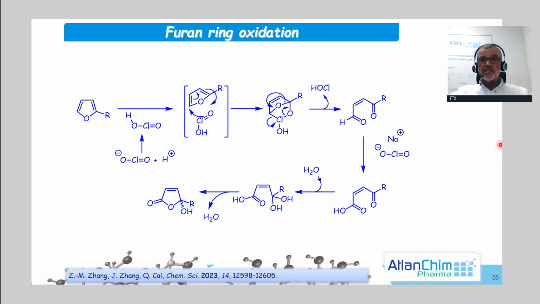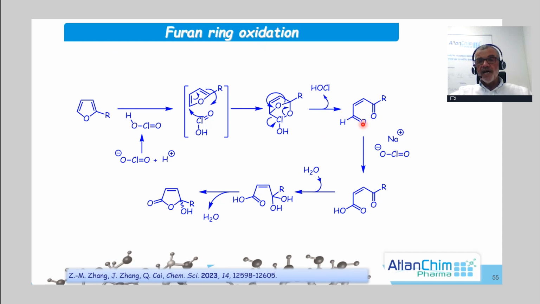Although no detailed mechanistic studies have been carried out, it may be suggested that a 2+4 cycloaddition between the furan ring and in situ generated chlorous acid could provide this intermediate. The latter intermediate underwent rapid ring opening with liberation of hypochlorous acid to give this unsaturated keto aldehyde.